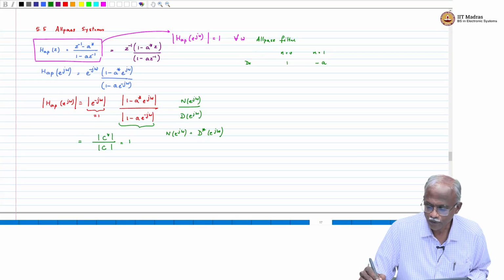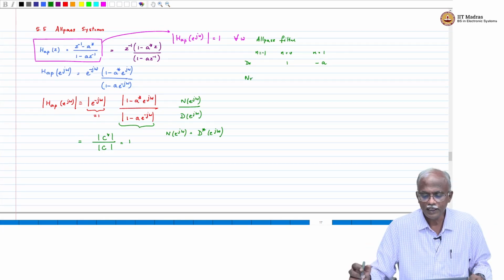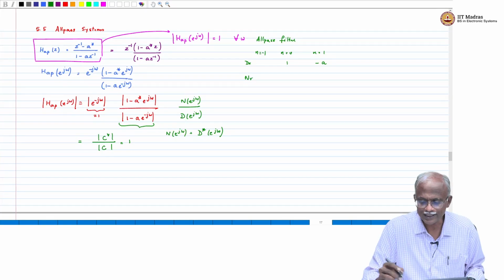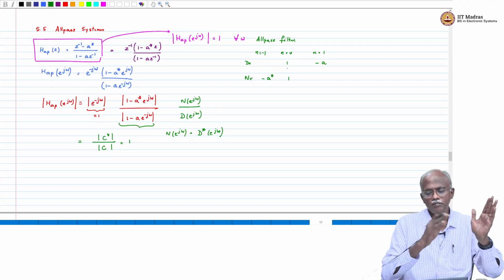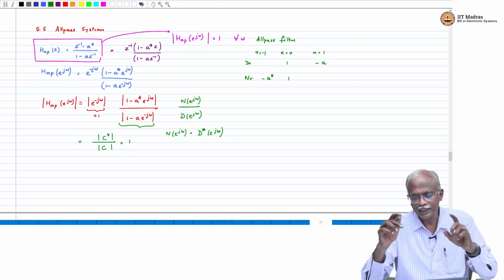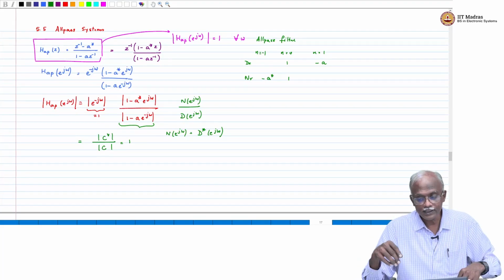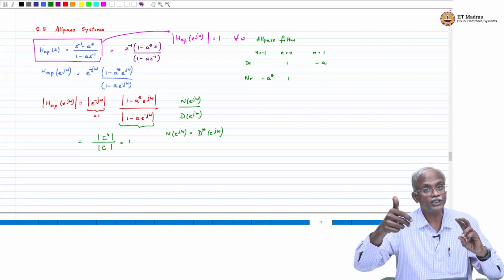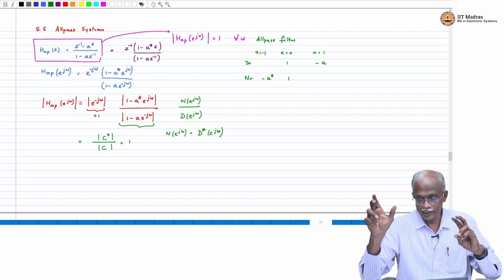If you look at n equal to minus 1, look at the numerator. What the numerator has is very interesting: you see minus a conjugate and 1. So what you see between the numerator and denominator is, first of all, there is conjugation and there is time reversal.